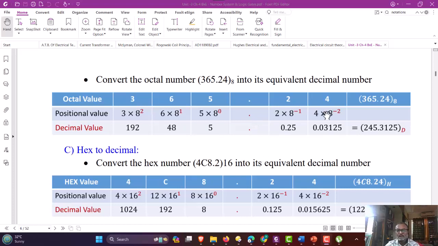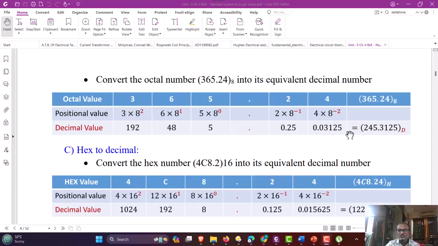Now to the right side, the fractional portion. The first position is 2. 2 into 8 raised to minus 1, where 8 raised to minus 1 is the positional weight, and therefore the first position digit weight is 0.25. Whereas the second position digit is 4. 4 into the position weight 8 raised to minus 2 comes out to be 0.03125.